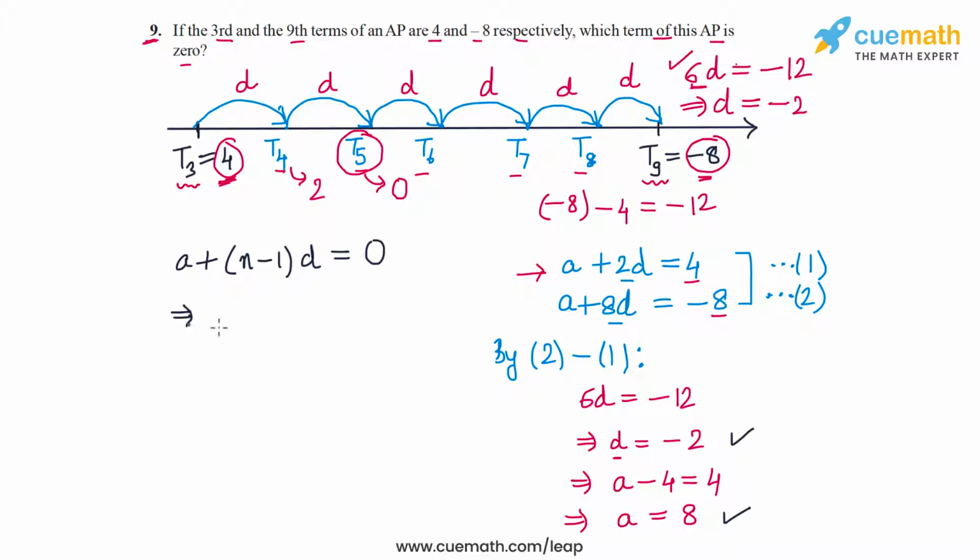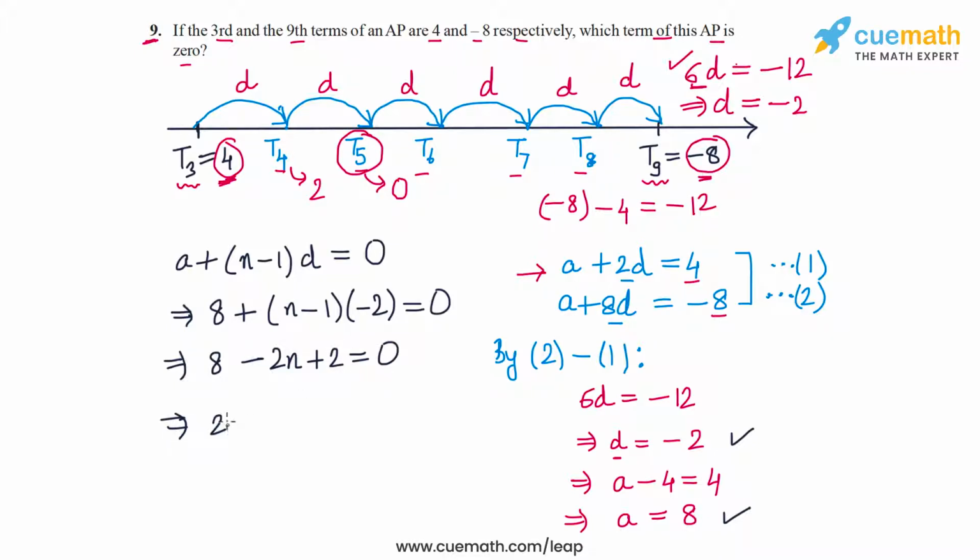And now we substitute the values of A and D. So A is 8 plus (n minus 1) times D, which is -2. This is equal to 0. Let's expand the expression on the left side. So 8 minus 2n plus 2 is equal to 0. And this gives us 2n is equal to 10, or n is equal to 5. So the term of the AP that is equal to 0 is the fifth term.